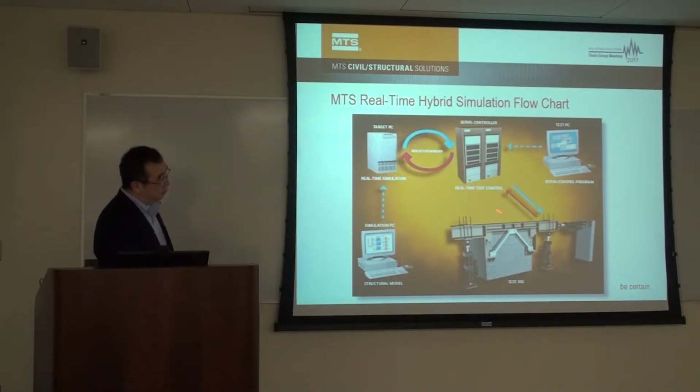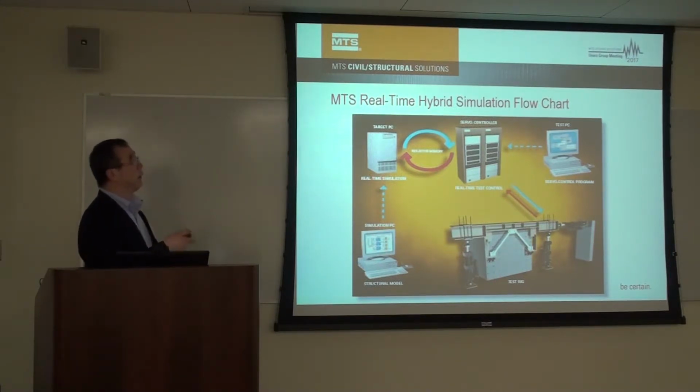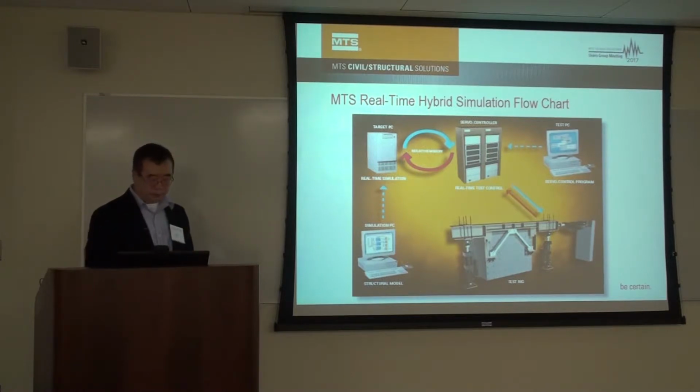Our controller plays out the command in real time, so the actuator has to be really fast, and then the feedback goes back through SCRAMNet to the target PC and is provided to the model, and the model provides the next step command. So that's our real-time hybrid simulation solution.